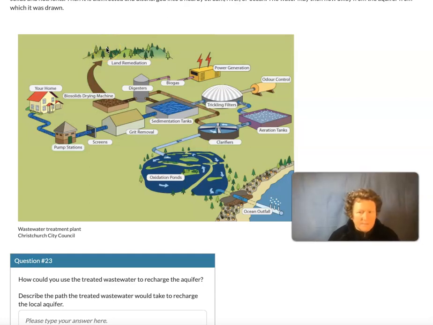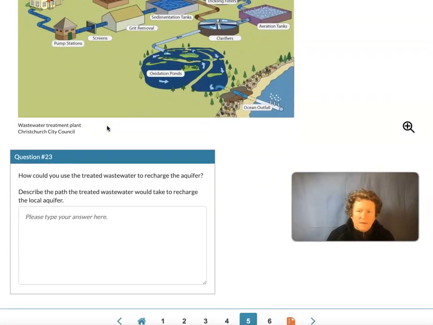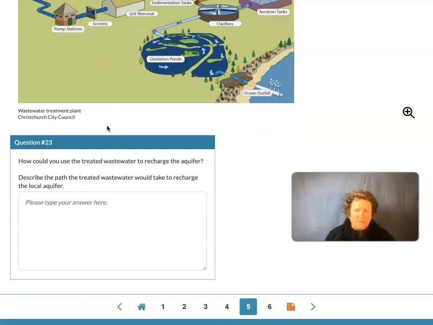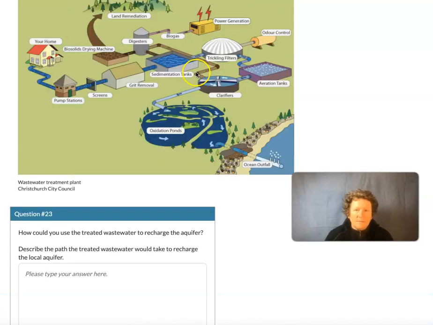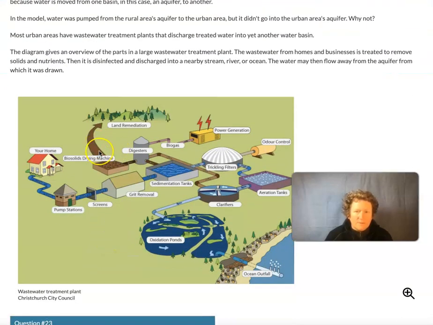You could spray it into a forest and let it sit on the forest and soak in. There might be a lot of ways. You could let it sit in a pond or a lake over where you took it out, and slowly it would trickle into the groundwater.